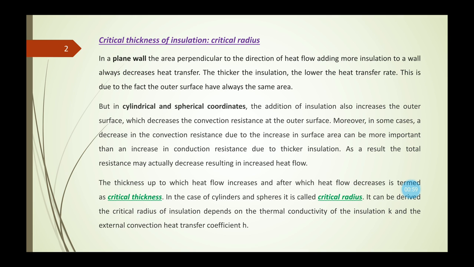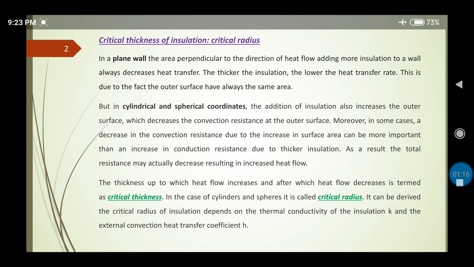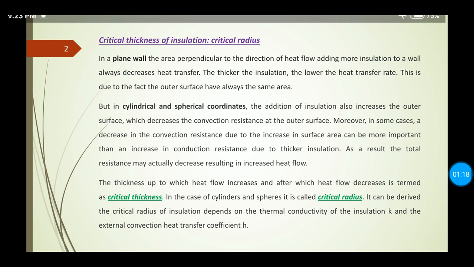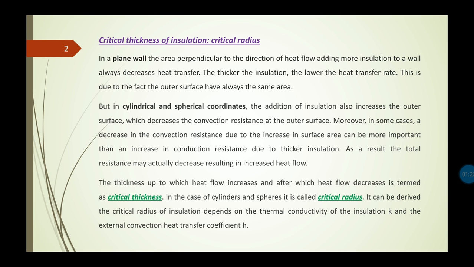So what is this critical thickness of insulation or the critical radius? In a plane wall, the area perpendicular to the direction of heat flow, adding more insulation to a wall always decreases the heat transfer. So this is from our general concept.